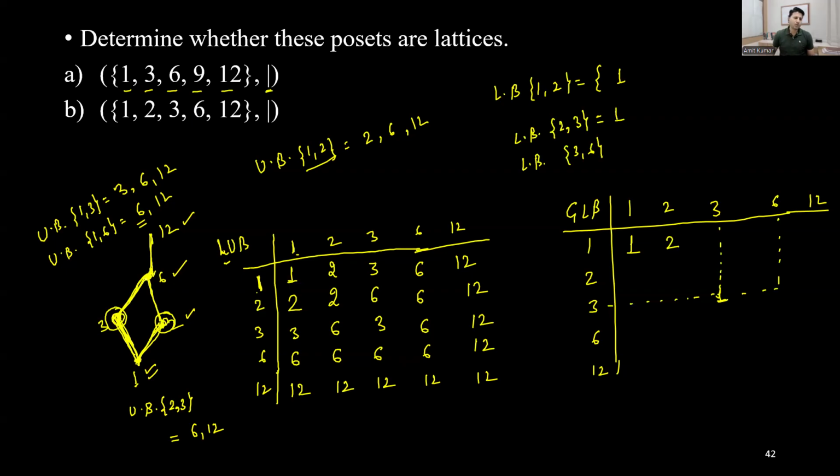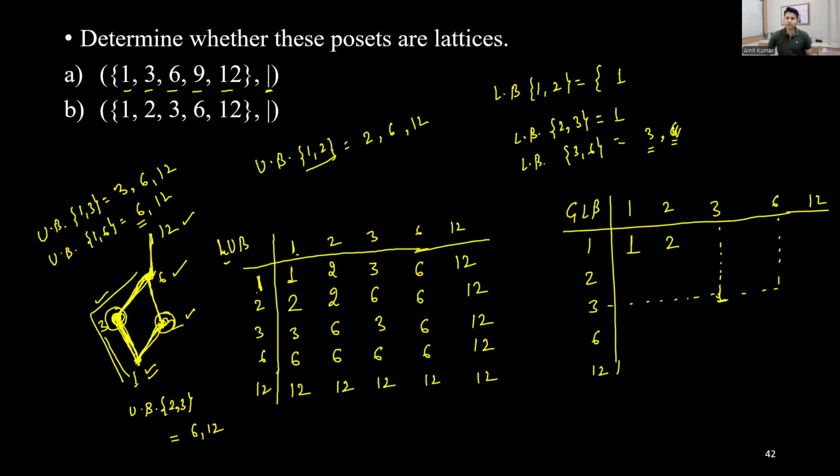Now see, the lower bounds of 3 and 6, the common lower bounds. Yes, 3 is the lower bound of itself as well as the lower bound of 6. 1 is the lower bound of 3 as well as the lower bound of 6. So 3 and 1 are the lower bounds of 3 and 6.